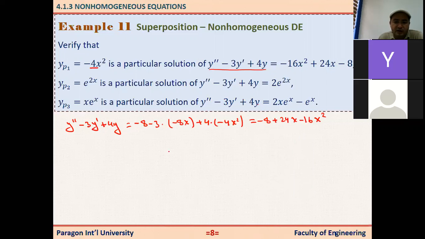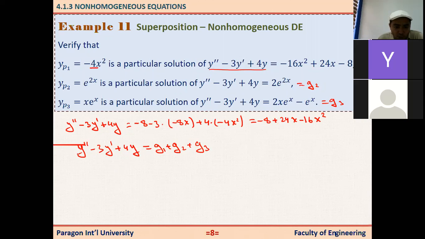Now, if I write one equation like this, y double prime minus 3y prime plus 4y, okay, let me label these as g sub 1, g sub 2, and g sub 3. Now, if I form a new equation, but here we have g sub 1 plus g sub 2 plus g sub 3, this plus this plus this.